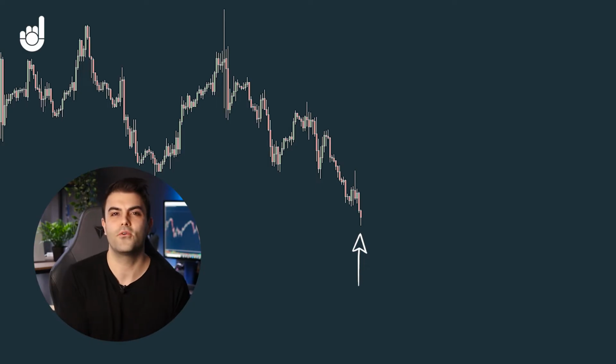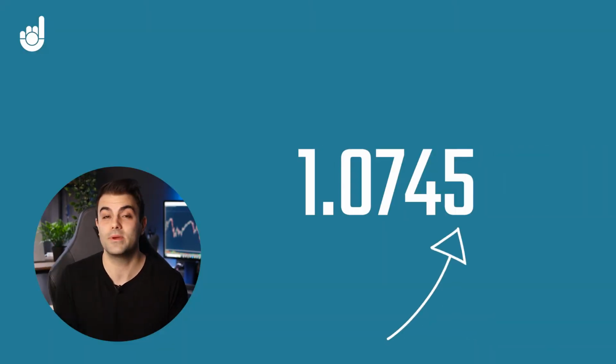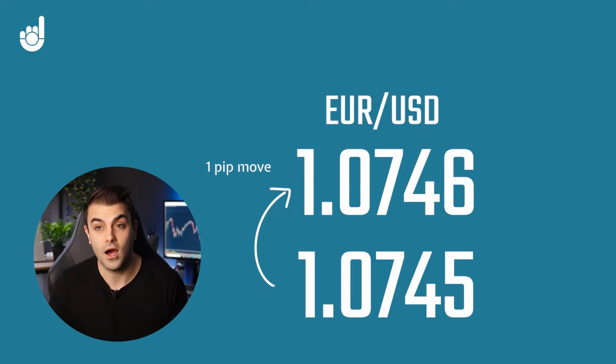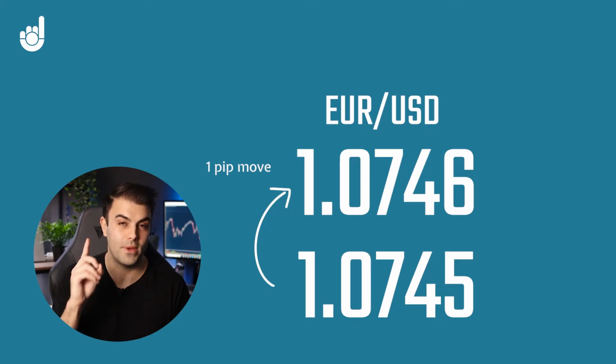When we're talking about Forex, we usually measure price moves in terms of pips. We've already covered this in more detail in a separate video, but basically, 1 pip is typically the 4th decimal place for most currency pairs. For example, Euro USD, if that moves from 1.0745 up to 1.0746, that's a move of 1 pip.